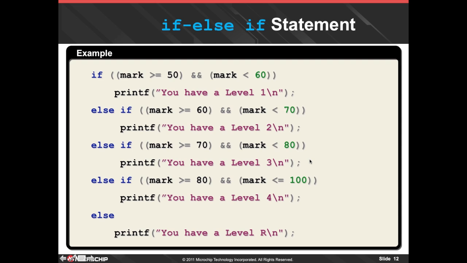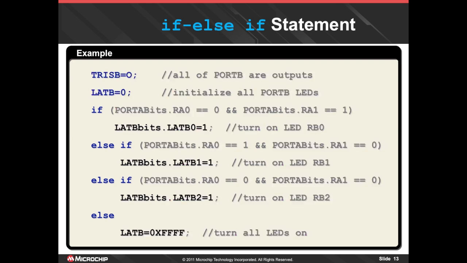Now assuming I had a mark between 0 and 100, if none of these conditions were satisfied, then by default I would have a mark that was less than 50 but greater than or equal to 0. Therefore, I'd have a level R. So that else is very useful because it just means everything else but these conditions here. And again, I've combined nicely these operators with relational and logical operators.